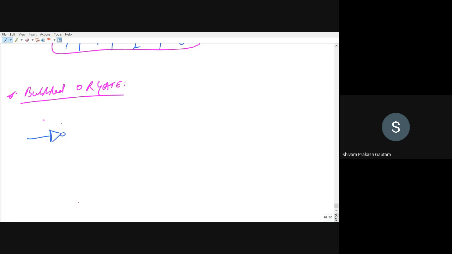We have two inputs, A and B, each passed through a NOT gate, and both outputs of the NOT gates are passed through an OR gate. Here it will be A bar, here B bar, and when both pass through this OR gate, its output will be A bar plus B bar.